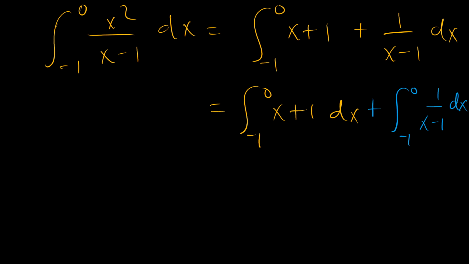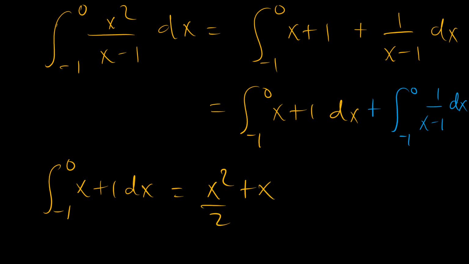So let's see what the yellow integral is. The yellow integral is the same as x squared over 2 plus x. Integrating x gives x squared over 2, integrating 1 gives x, and the limits are -1 to 0. Okay, so let's substitute everything in there.